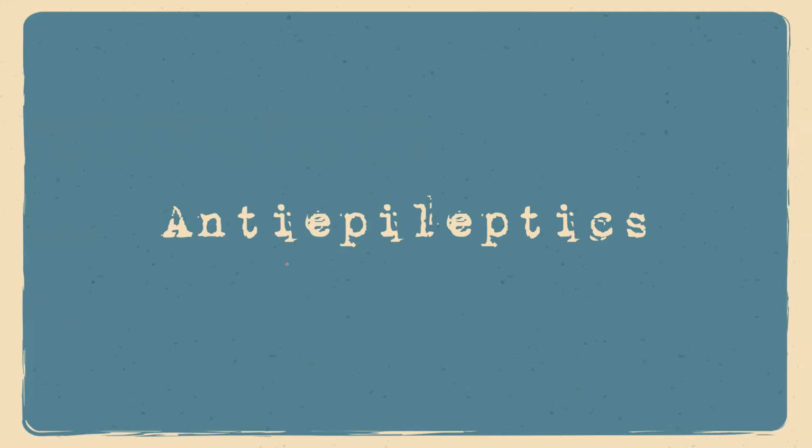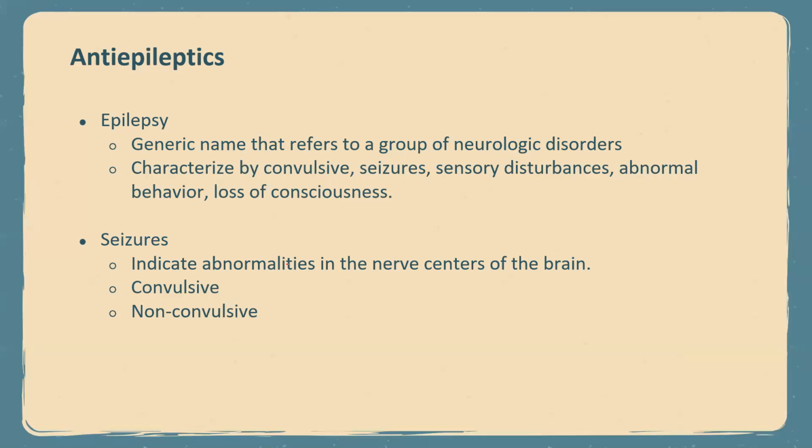The next drugs that we are going to discuss are the anti-epileptic drugs. Okay? Remember guys, when we said epilepsy, that is a generic term that refers to the group of neurologic disorders, which are characterized by recurrent convulsive seizures, sensory disturbances, abnormal behavior, and loss of consciousness.